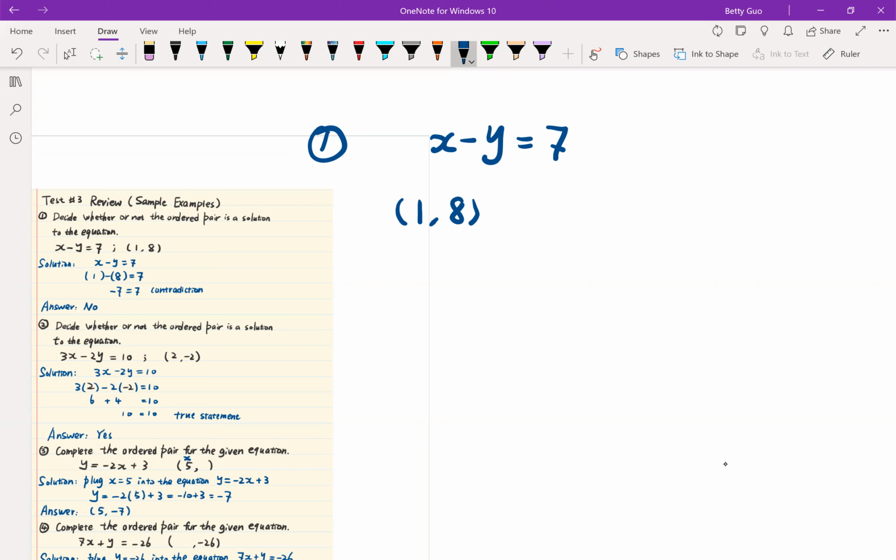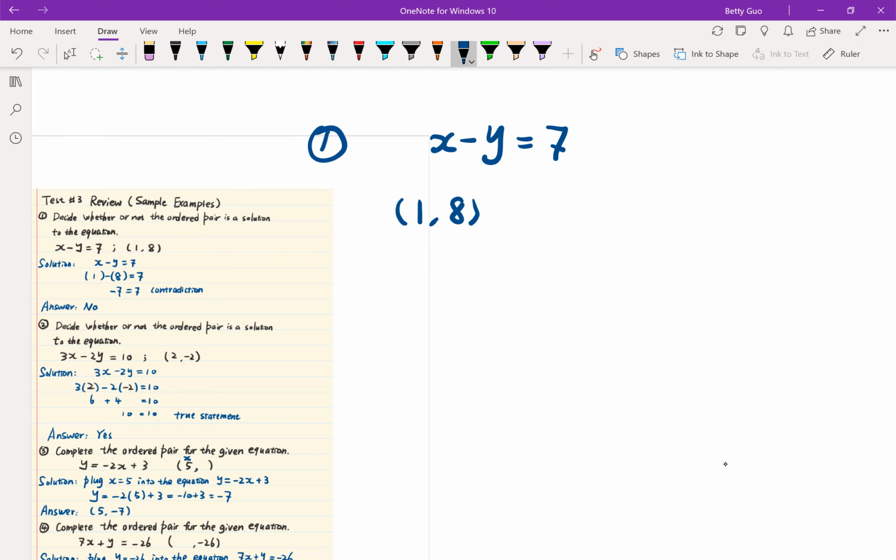How do you determine that? This is the equation. This is a linear equation in two variables. And we have an ordered number pair 1, 8. You want to determine if this ordered number pair is a solution of the given equation.